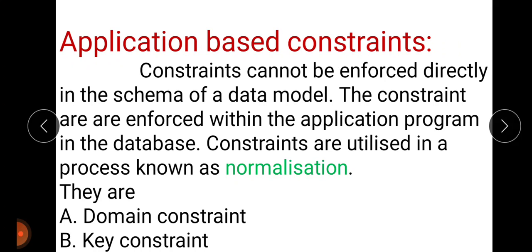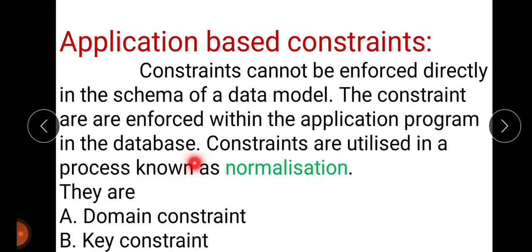The next one we are going to see is the application based constraints. As in the previous slide we saw schema based constraints, where the constraints are directly applied to the schema. Here, the constraints cannot be enforced directly in the schema of a data model. The constraints are enforced within the application program in the database.